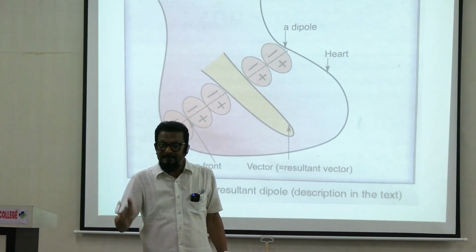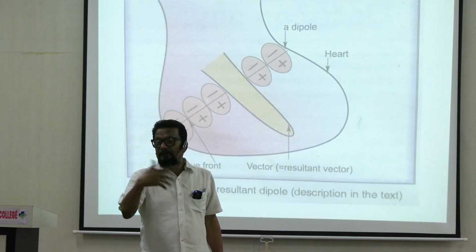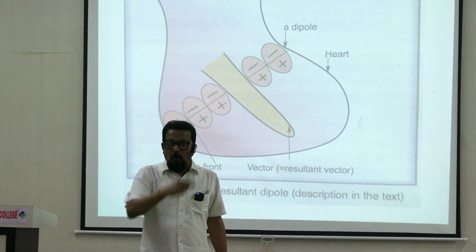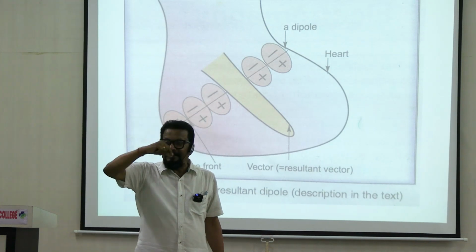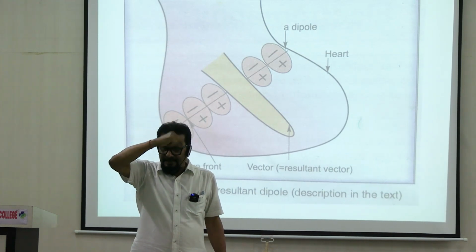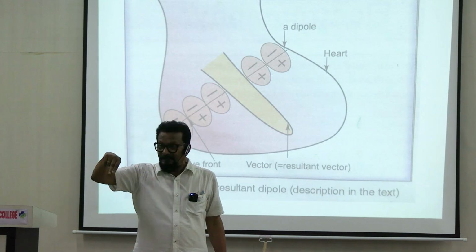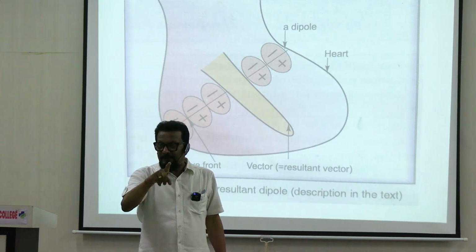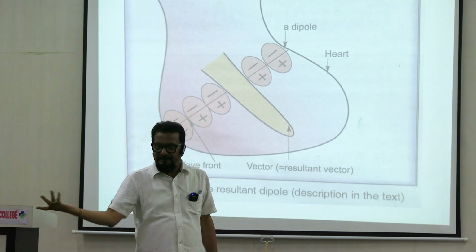Suppose there is a blockage in the right bundle branch, or in the left bundle branch, or in the anterior fascicle. There are two fascicles of the left bundle, the anterior fascicle and the posterior fascicle. I will discuss it in my next class.